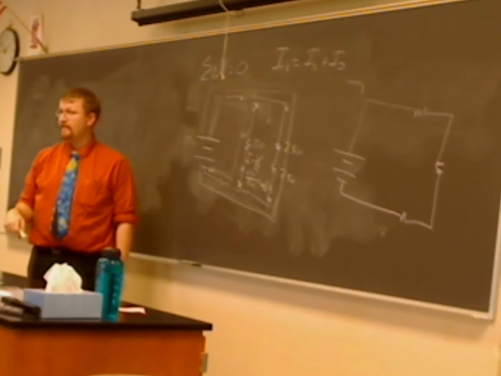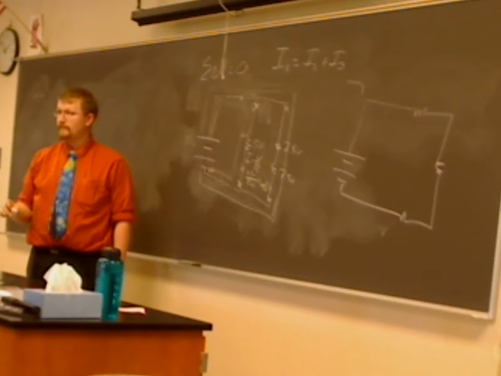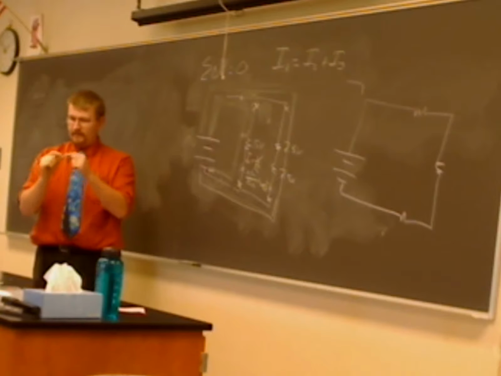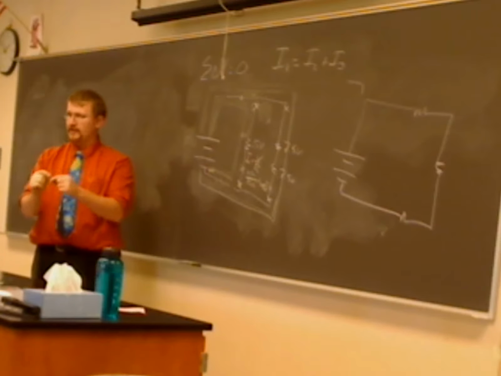Yes? So if it's going to the second part of it, the outside branch, wouldn't none of the electrons go to the first one? There's going to be thousands or millions of individual electrons going through the circuit.